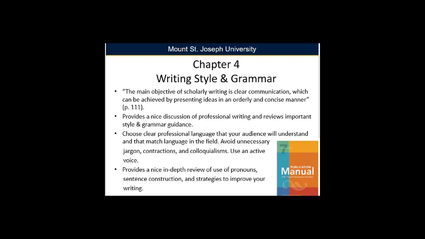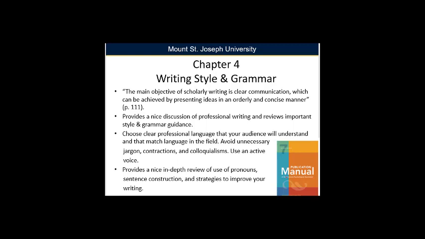Chapter 4 begins by noting that the main objective of scholarly writing is clear communication, which can be achieved by presenting ideas in an orderly and concise manner. This chapter provides a nice discussion of professional writing and reviews important style and grammar guidance. Chapter 4 reminds us to choose clear professional language, that the tone of our writing is formal, not casual.